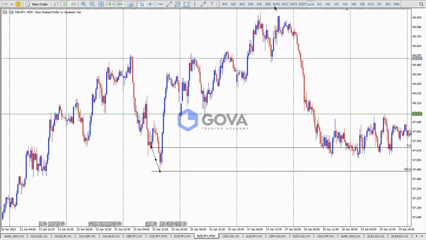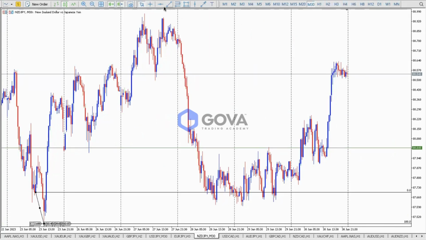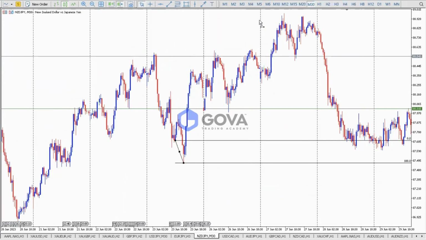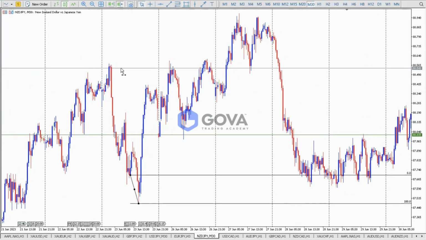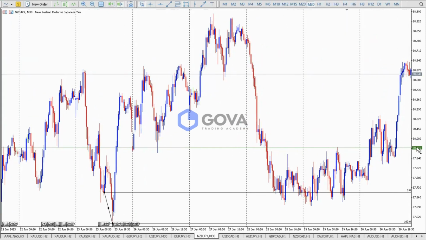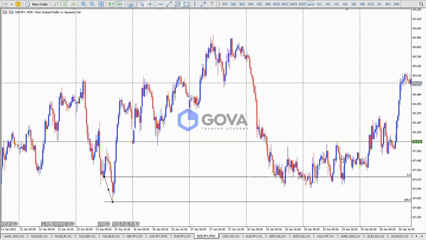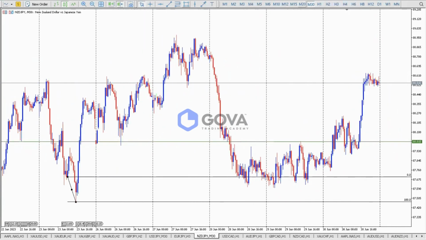You can see that the formation is a drop-base-rally formation. Price came back into the zone and then price went up, as you can see, right? So that is it, guys. That is it on this trade.